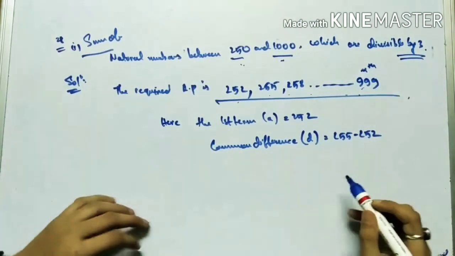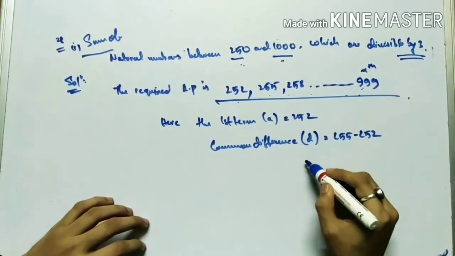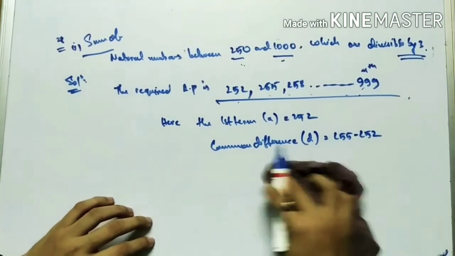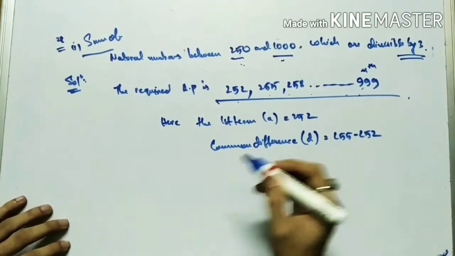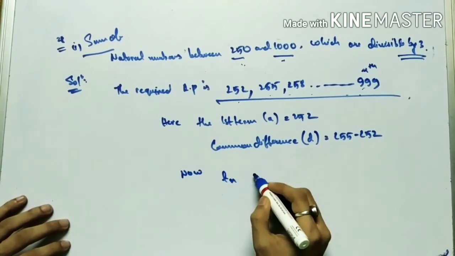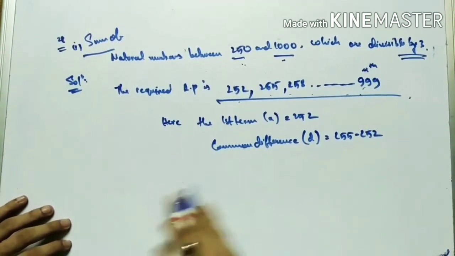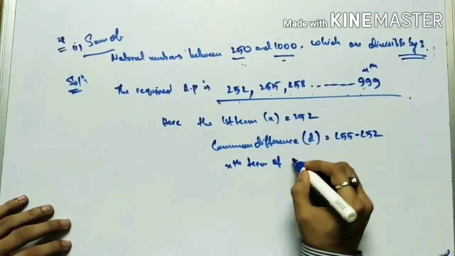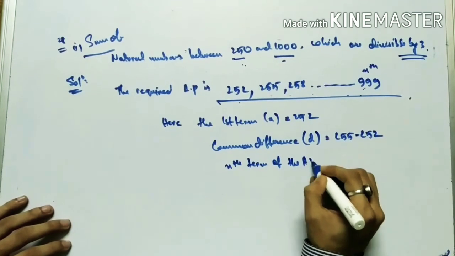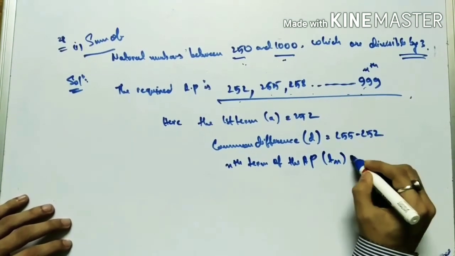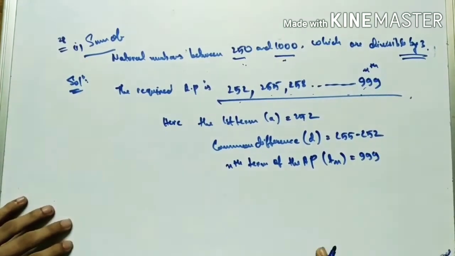First I will have to find the value of small n. So we will use the nth term of an AP, Tn, which equals 999, given.